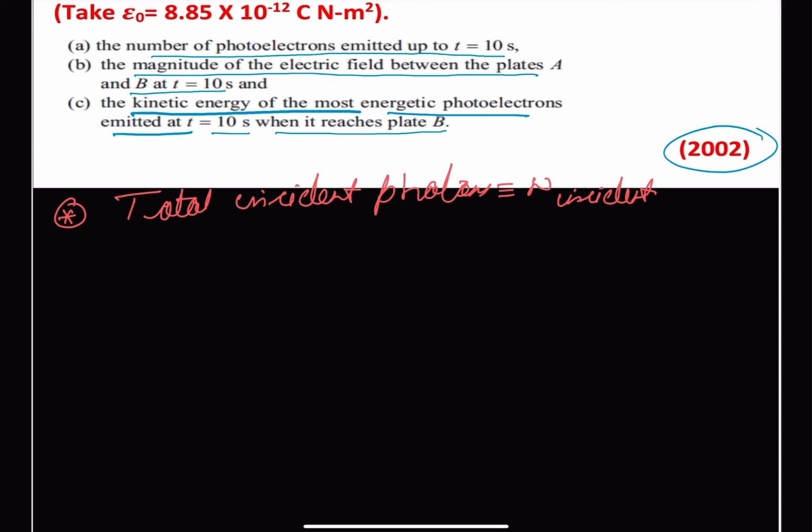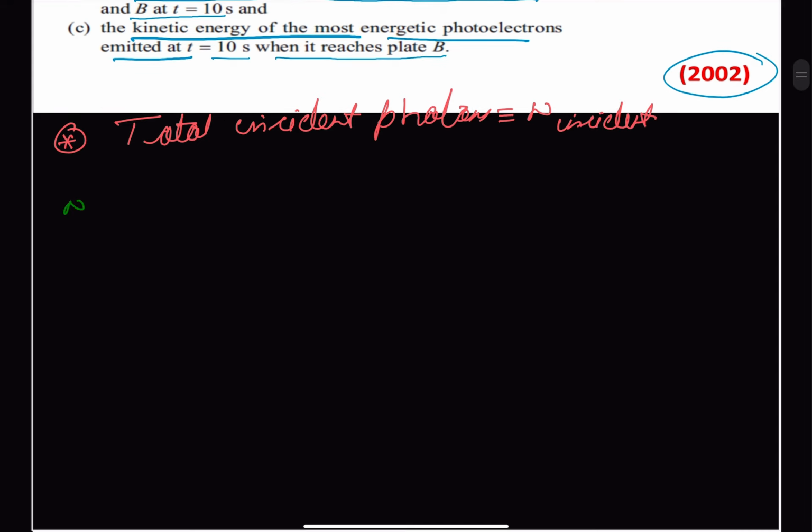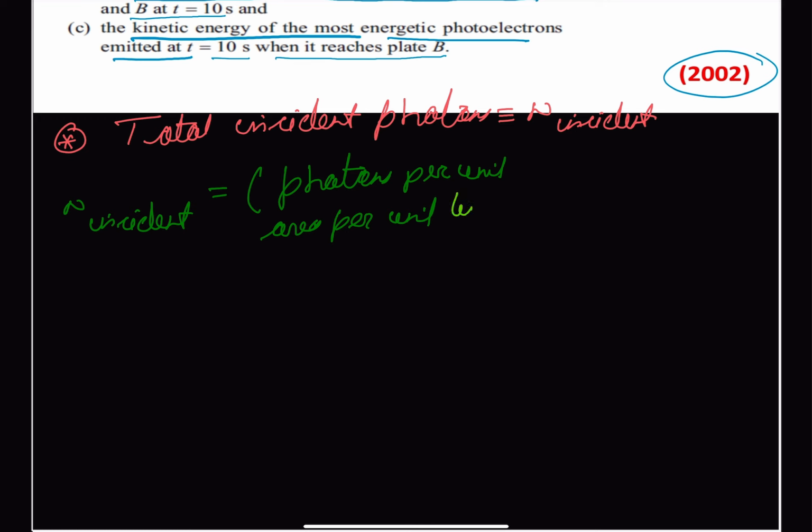Then n incident will be equal to photons per unit area per unit time, multiplied by area and multiplied by time.